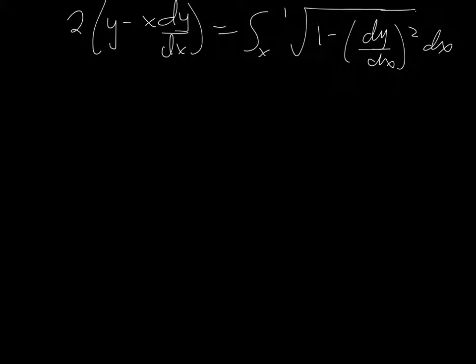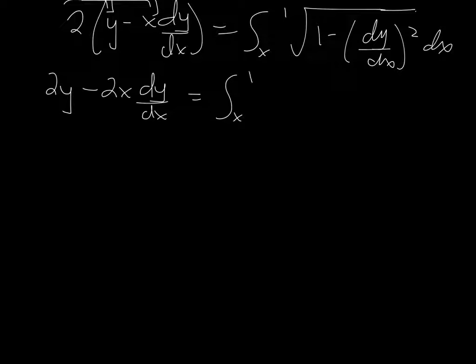So what I'm going to do is distribute that 2 into the bracket on the left-hand side so that I can stretch this out. And then I'm ready to take the derivative of both sides of the equation.